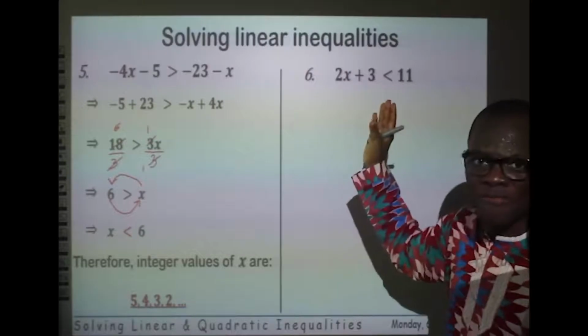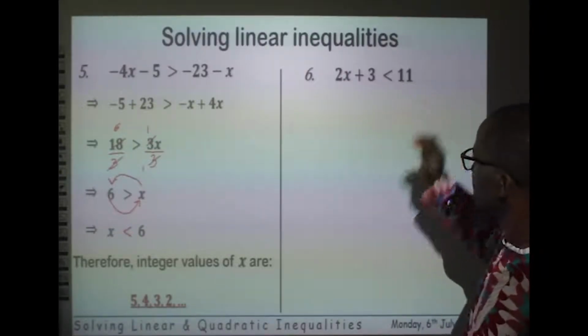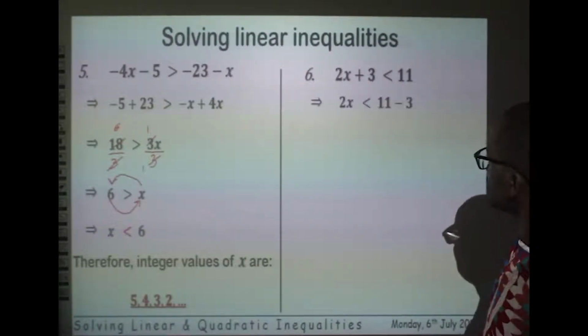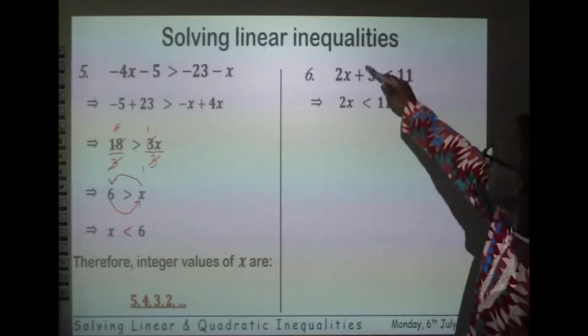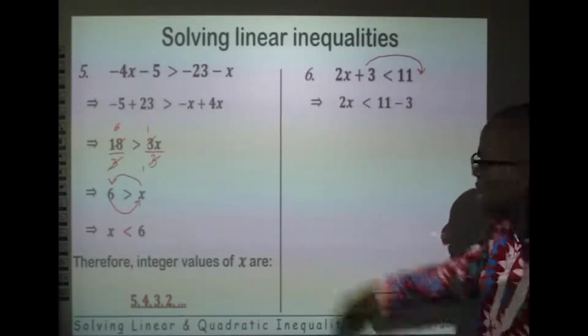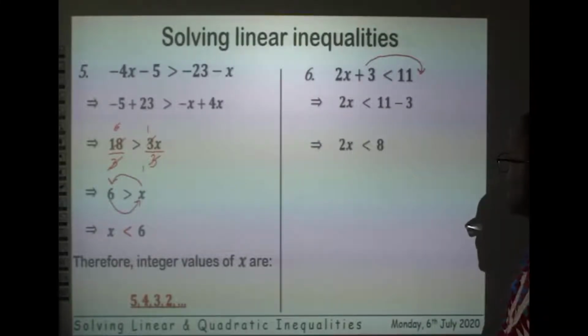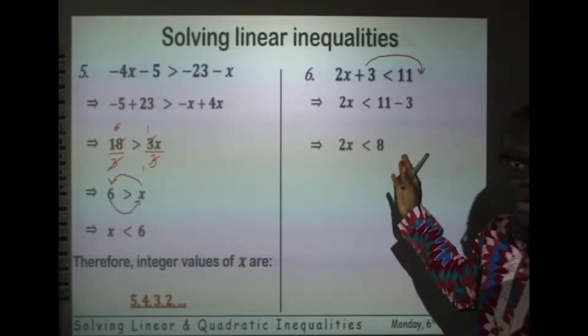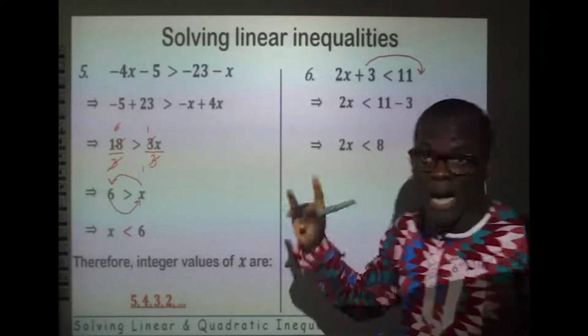Well, that's pretty straightforward. 2x will be less than 11 minus 3. 11 minus 3 is what? 8. So you have 2x is less than 8. If 2x is less than 8, what do you need to get x? Divide both sides by 2.